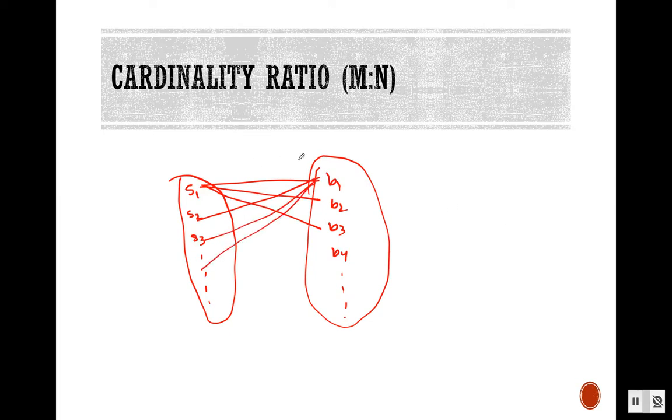Okay, so that's many on both sides. So that's a many to many relationship, and we represent that as m to n. Okay, so that's an m to n relationship, means it's a many to many relationship.